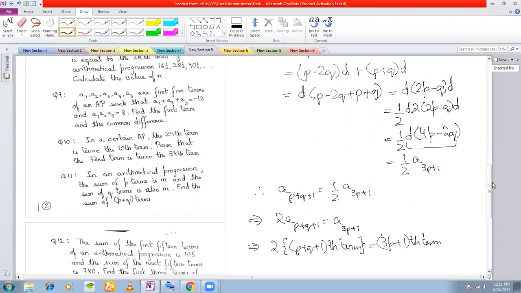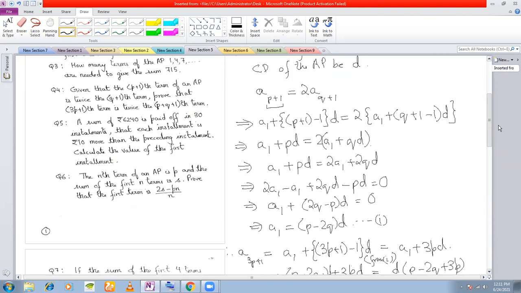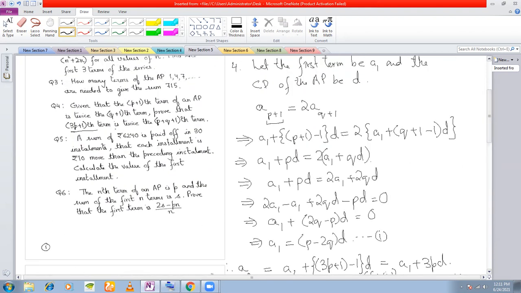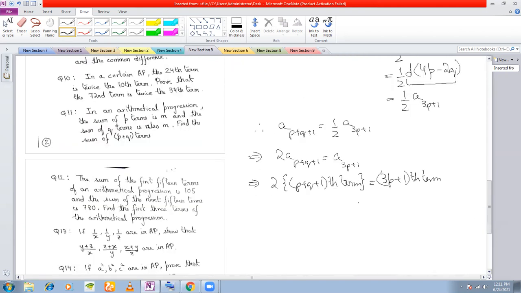And that is what you had to show. See here, show that 3P plus 1th term is twice of P plus Q plus 1th term. And that is what we have done. Fine? Okay, next problem.